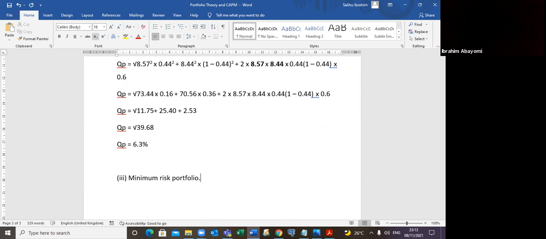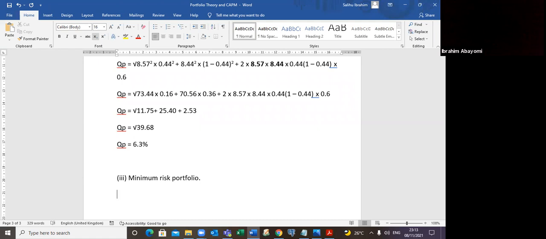So anytime a question asks you to construct a minimum risk portfolio, what the question wants you to compute is what should be the weight of A and what should be the weight of B such that the risk of the portfolio will be at the minimum. That's what a minimum risk portfolio is.